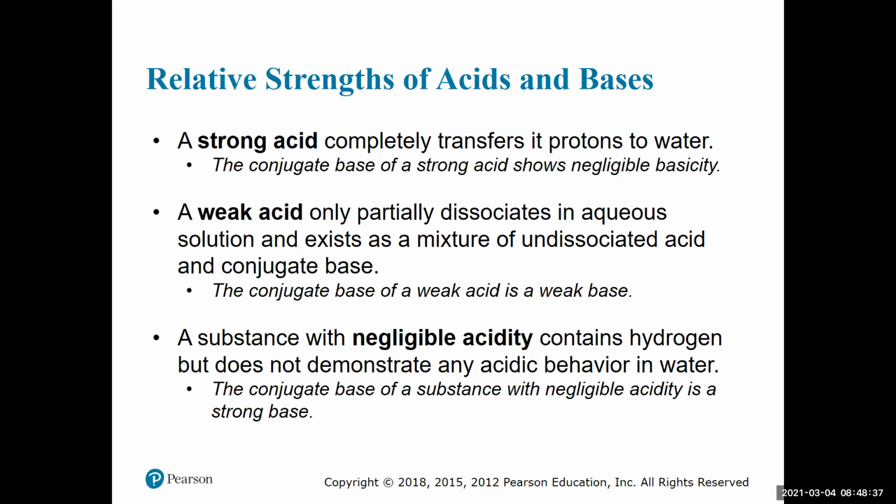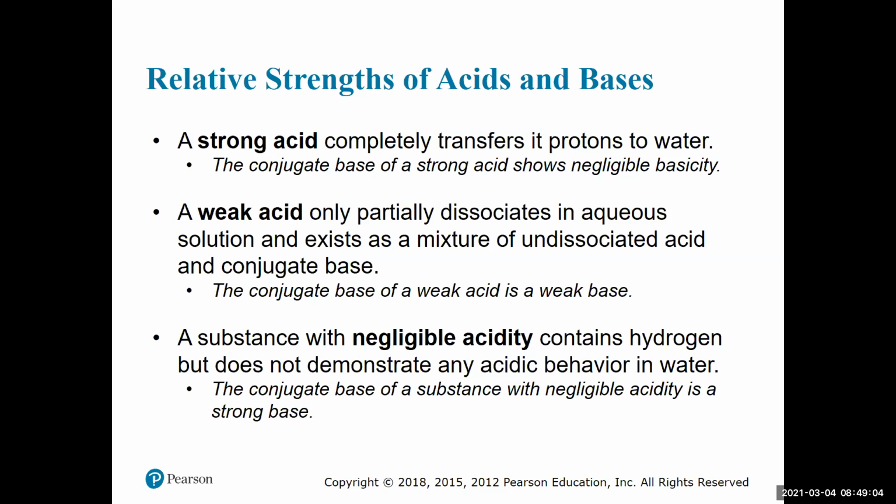So if it's a weak acid or weak base, there's only partial dissociation. So you don't have an equilibrium that's pushed real far. And so if it's that way going forward, it's going to be similar coming back the other way. There are some compounds that have negligible acidity, even though they have hydrogen in them.